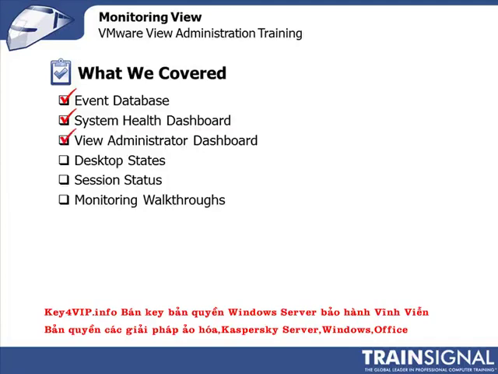Then we talked about the View Administrator Dashboard, which provides a little bit more detail on the entire health of the entire View system and all of its components, the current status of desktops, and a listing of all the utilized data stores. We talked about the different states that a desktop can be in, and the different states that a user session can be in. And then we did some walkthroughs on how you would monitor your View infrastructure and what these different components look like. So that wraps up this lesson.